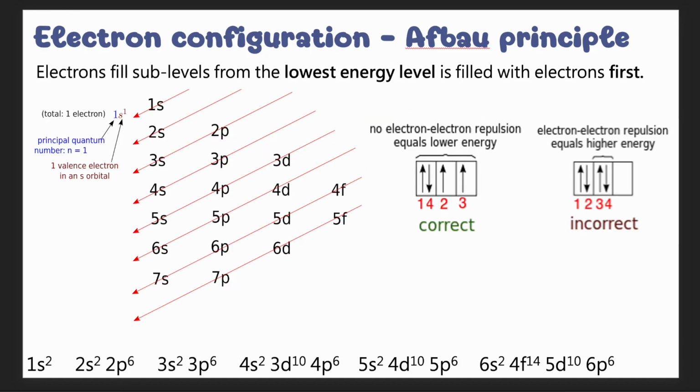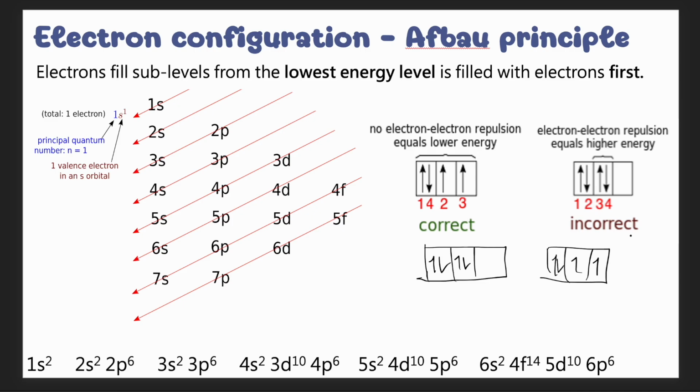Now let's talk about the rules for how to fill the electrons into the orbitals. When we fill the electrons into the orbitals, you can't do it this way, not this way. For example, if there are 4 electrons, we can't do it this way, but instead you go until this box first and then go right here.